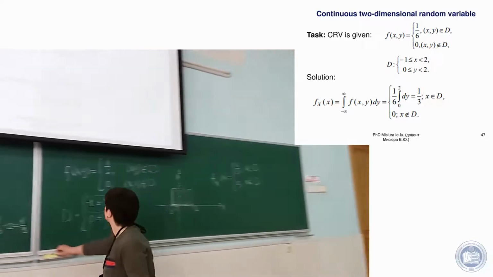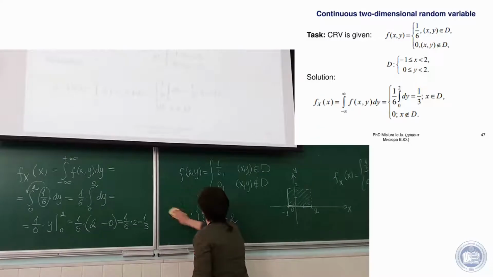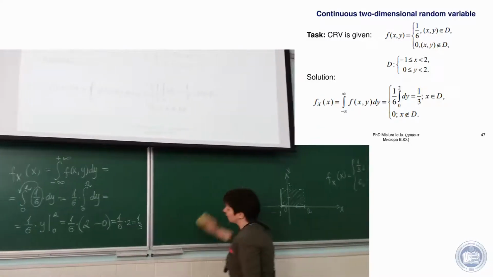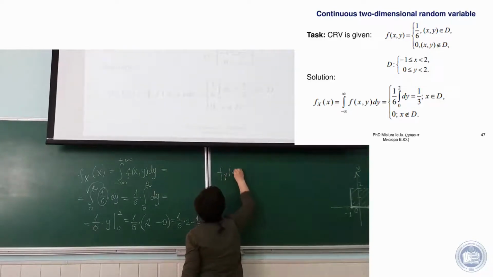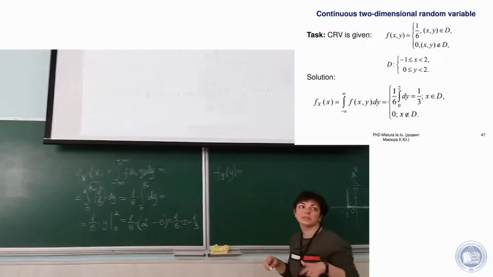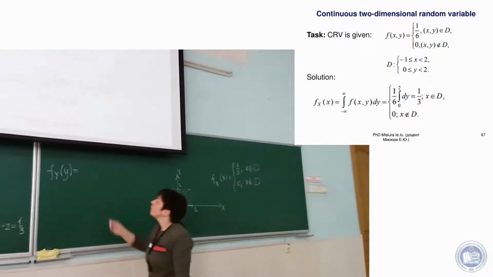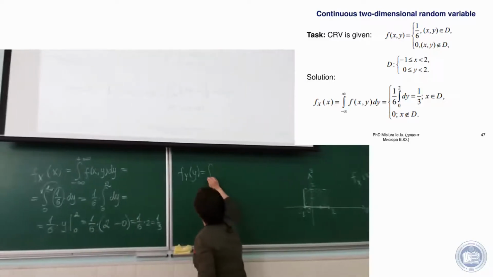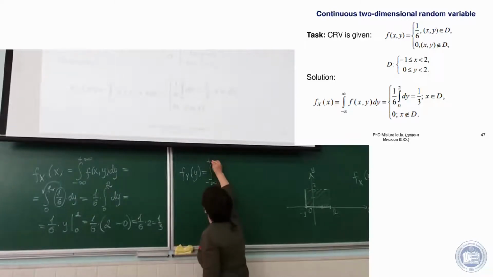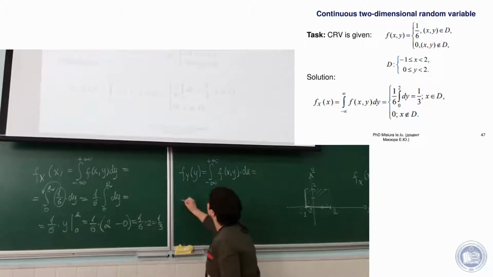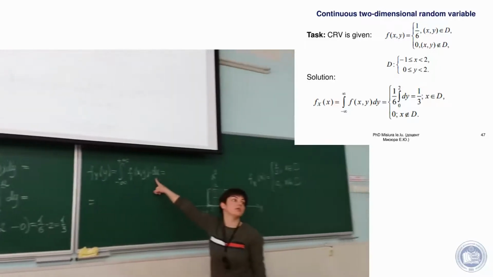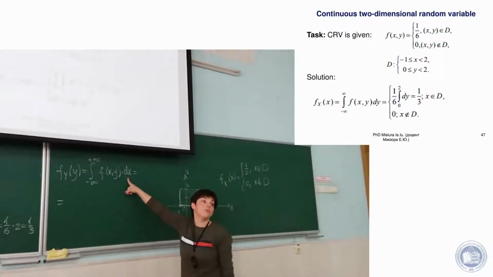Okay, let's continue. Now let's find function y. Let's find dependence of variable y. Okay, it will be integral from negative infinity to positive infinity f of x, y times dx. What does it mean? What limits do you have? Limits for variable x.